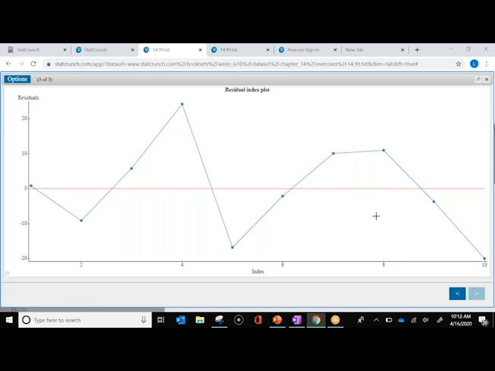It basically takes each point and says how far away it is, like when we did the chi-square, how far the actual data point is from the predicted data point of the regression line, and then it graphs it along a zero and plots a point.